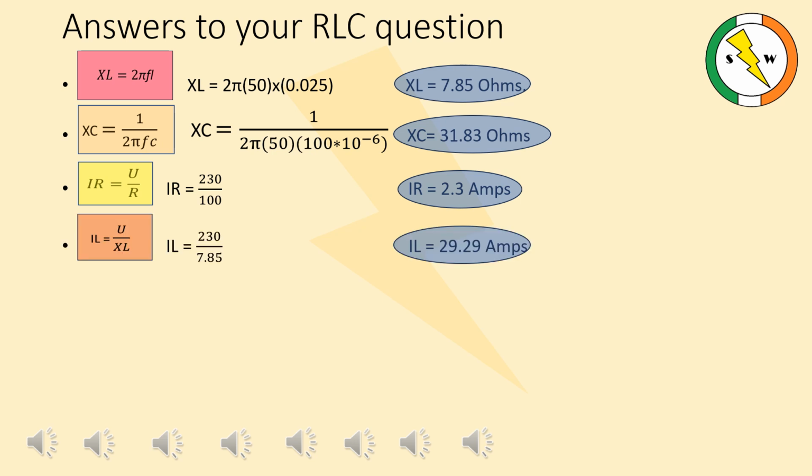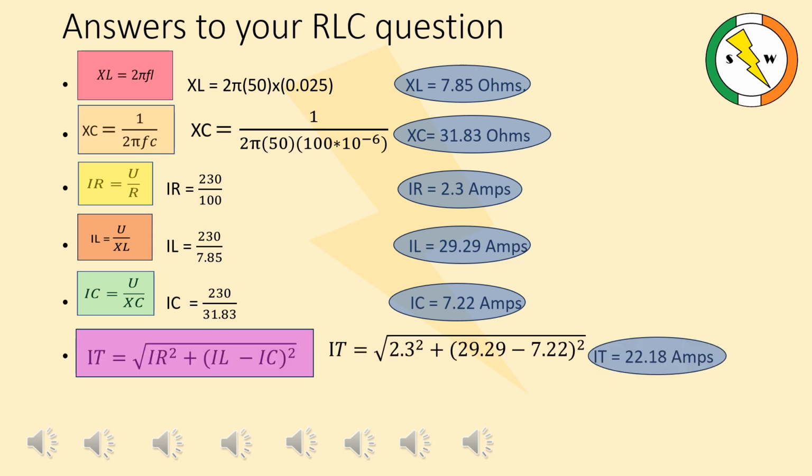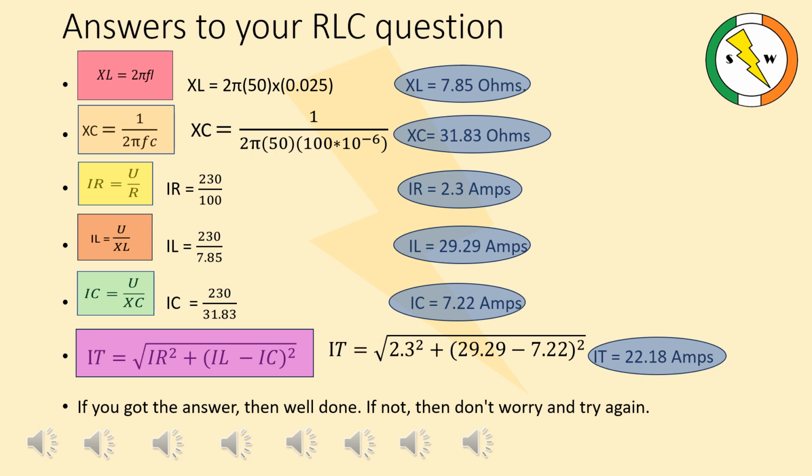IL equals 29.29 amps. IC equals 7.22 amps. IT equals 22.18 amps. If you got the answer, then well done. If not, then don't worry and try again.